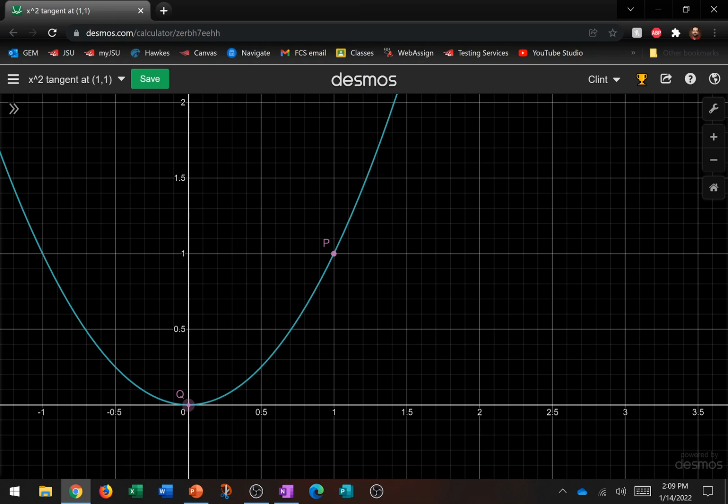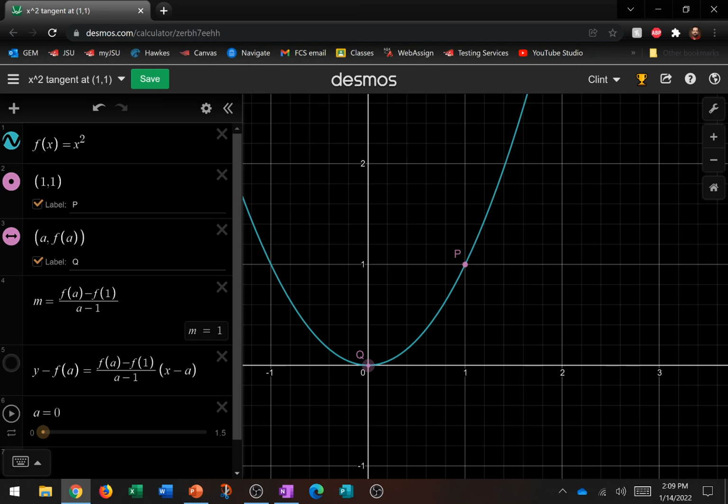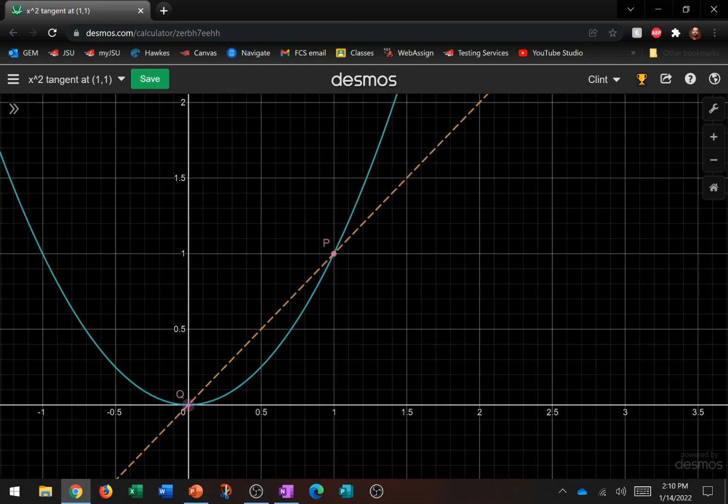Then we could take that slope and our point P, (1, 1), plug that into the point-slope form of a line, and we could get a line, but it's not going to be a tangent line. It's going to be a secant line. Secant comes from Latin and means to cut, so it's going to cut through our graph. We want the tangent line that only touches at P.